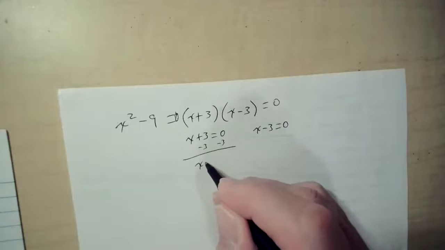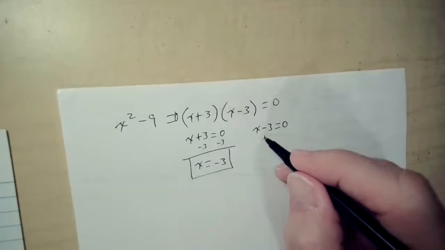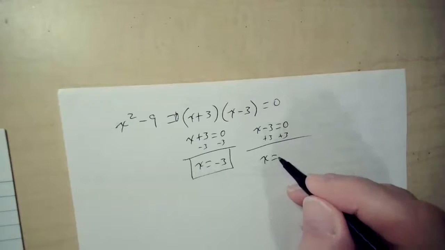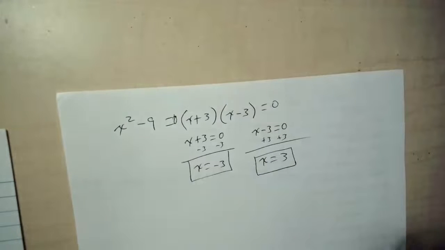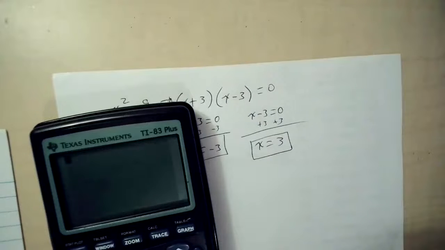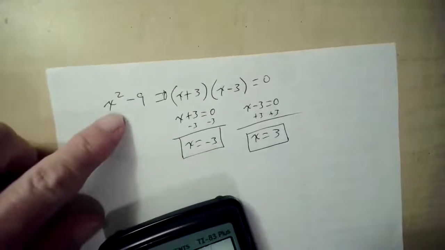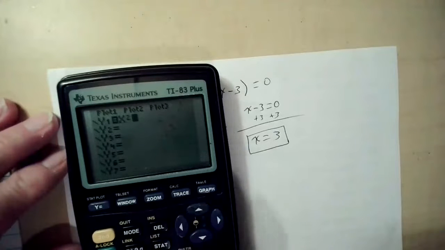X plus 3 equals 0 and x minus 3 equals 0. Subtract 3, we get x equals -3. And here we're going to add 3 to each side. X equals +3.